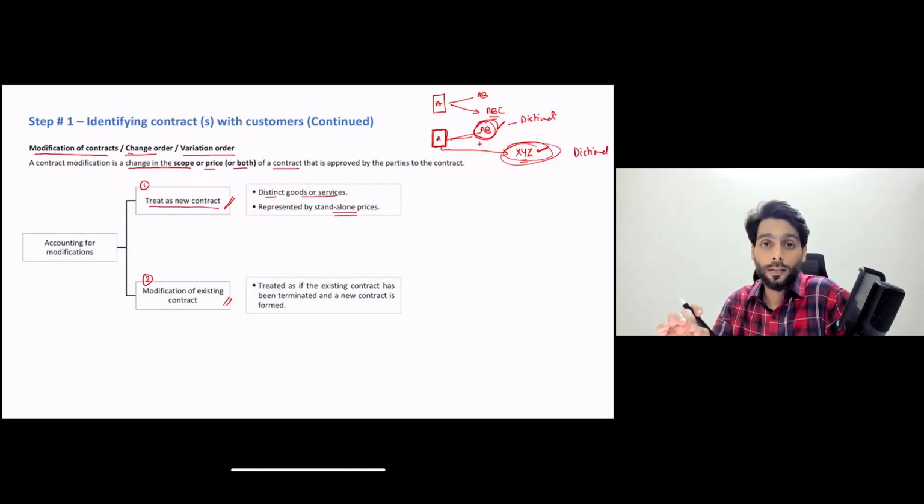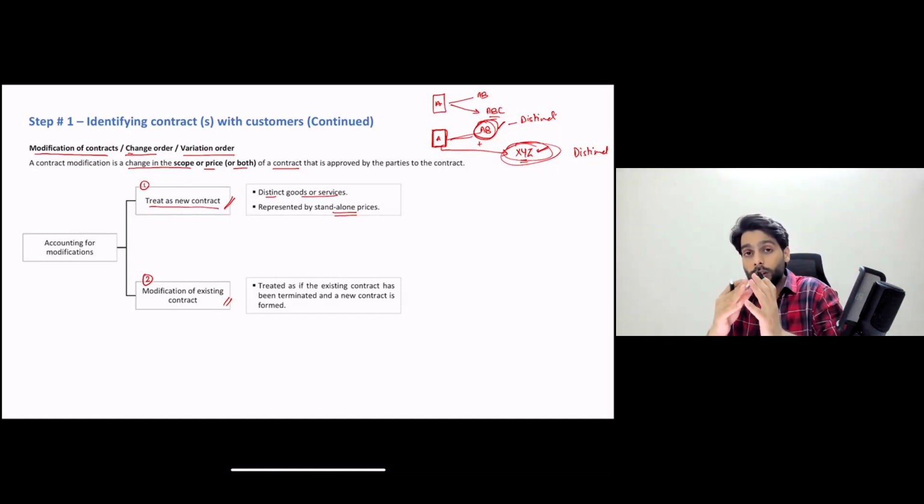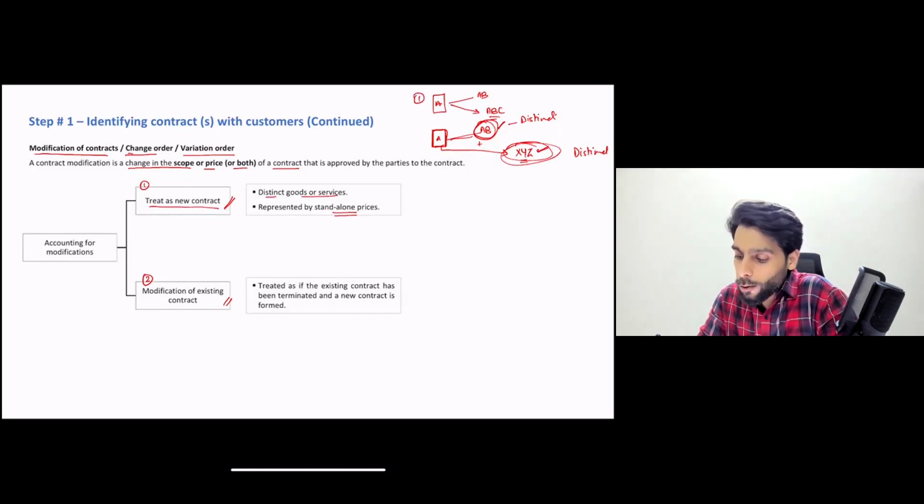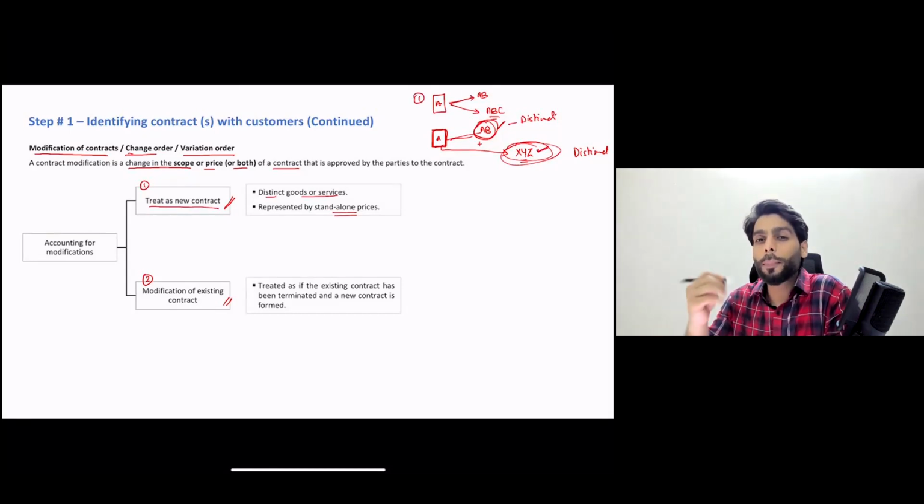But if the modification results in no distinct goods or services being offered, with no standalone modification in price, then you treat the modification within the existing contract. For example, in my example number one, my customer said, I don't want AB, but I want the more premium version of the AB, which is ABC.